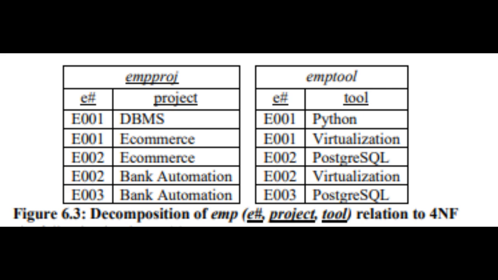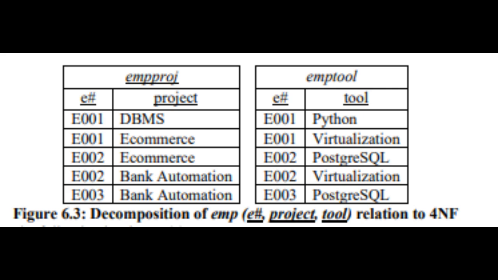Therefore, a relation having non-trivial MVDs must have at least 3 attributes. 2 of them would be multivalued and not dependent on each other. Non-trivial MVDs result in the relation having some constraints on it since all possible combinations of the multivalued attributes are then required to be present in the relation.